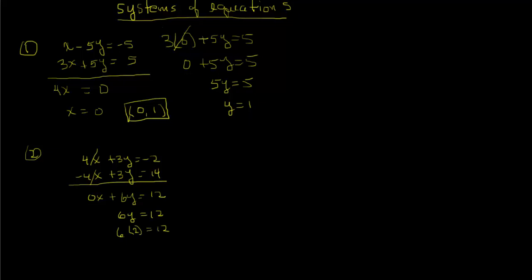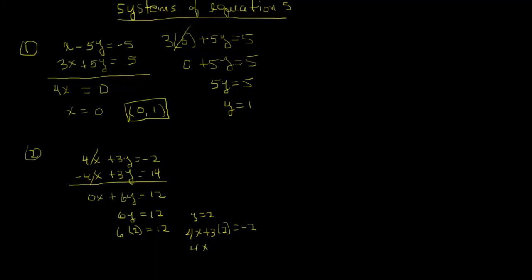That gives us 12, so then y equals 2. Substituting this back into one of the two equations, I'll use the top equation this time. 4x plus 3 times 2 is negative 2.